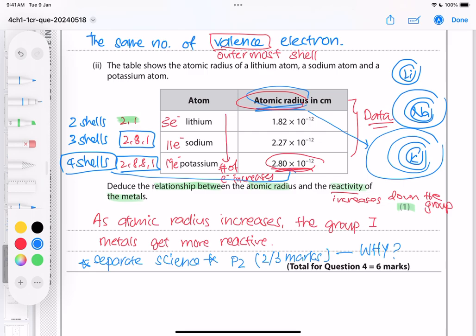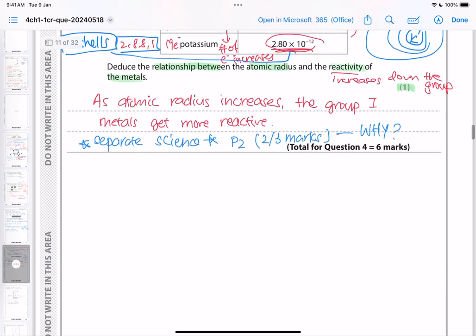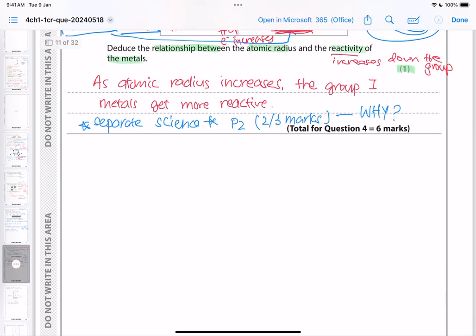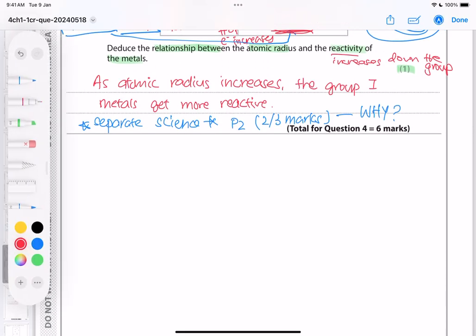For those of you who are going to stay a little bit more, I'm just going to explain this in terms of 2 or 3 marks, so you can benefit from here. We call it an extension, only for separate science. But for those of you who are doing double science, it's also good to know why. So sometimes don't just stay at, oh, I know how to get this answer, but be a little bit more curious. So here, this is what happens.